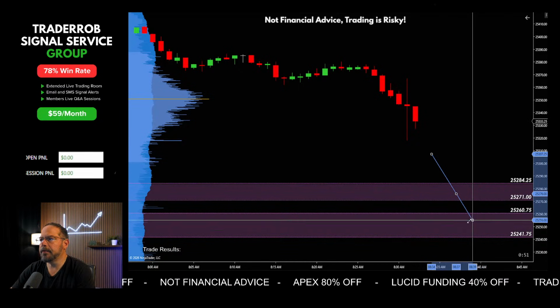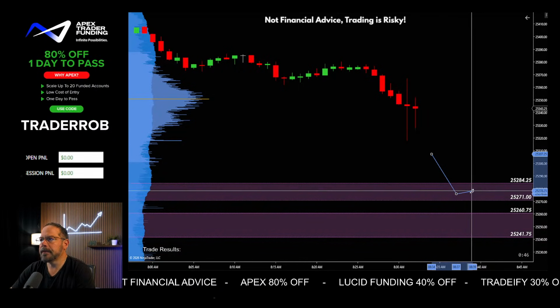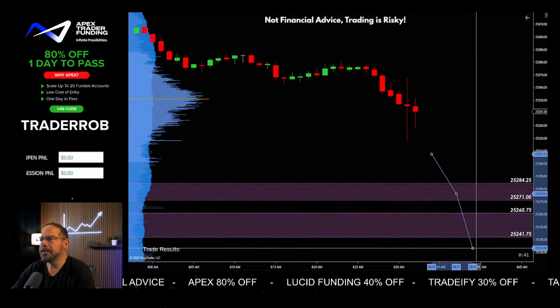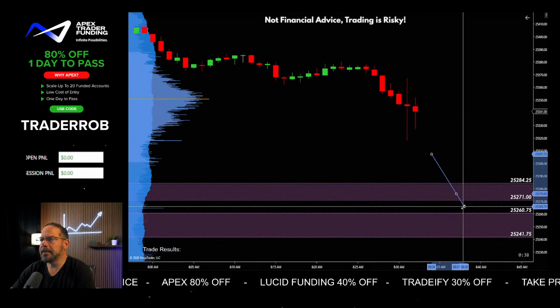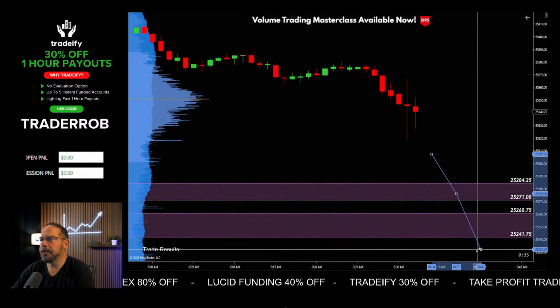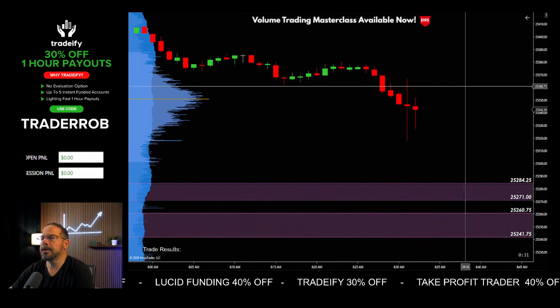I'm not going to be taking a reversal off of this band because we've possibly got resistance right above us. Same thing for continuation to the downside. I'm not looking for a continuation footprint through this band. I would want to see it through this band to take a continuation short.